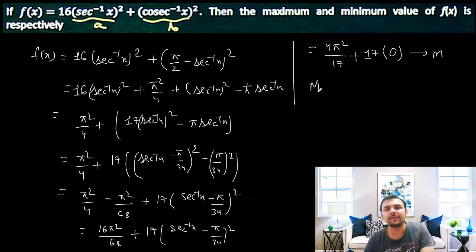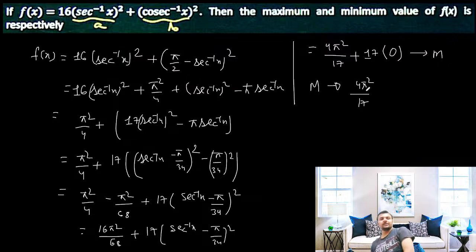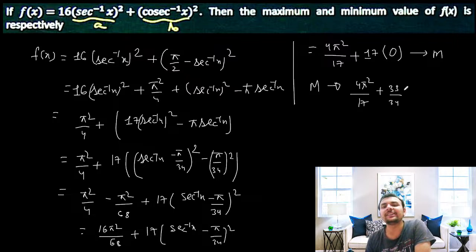To make it maximum, it should be 4 pi square by 17, and sec inverse is 0 to pi by 4 minus pi by 34, which will be 33 pi by 34, to minus pi by 34 whole square, will be 0 to (33/34)^2 pi square. So this is minimum, this is maximum. You will find one of the options to be present like this.